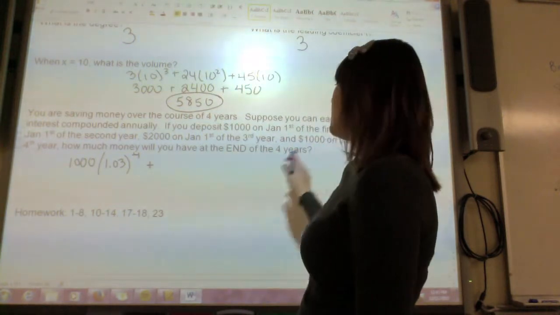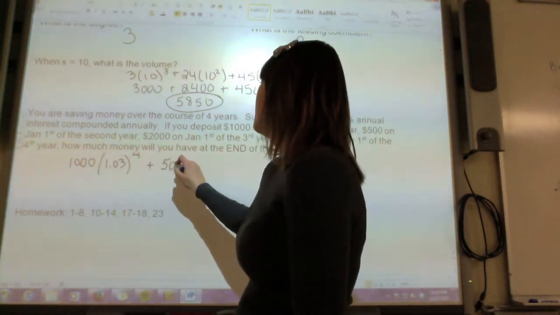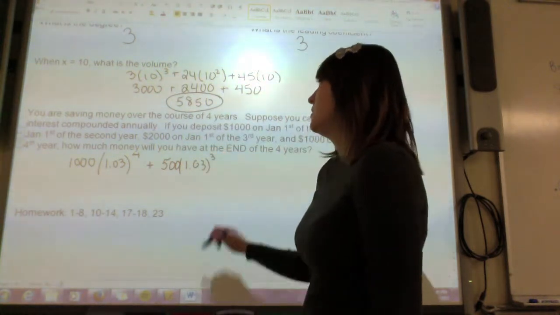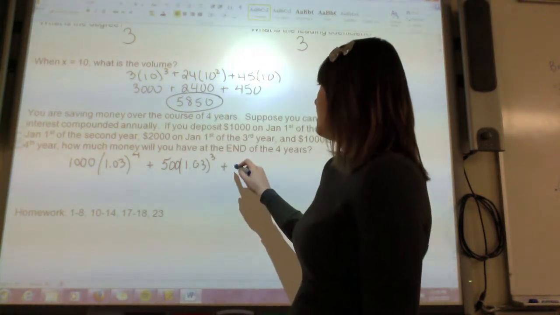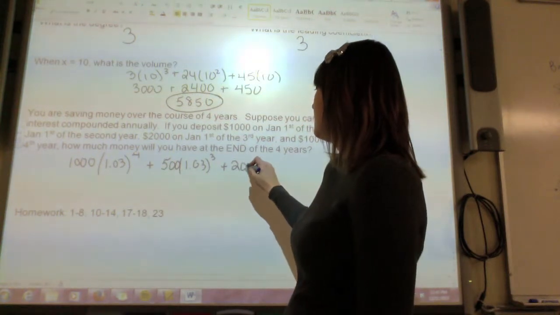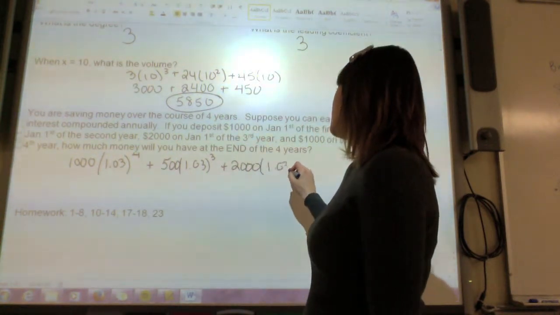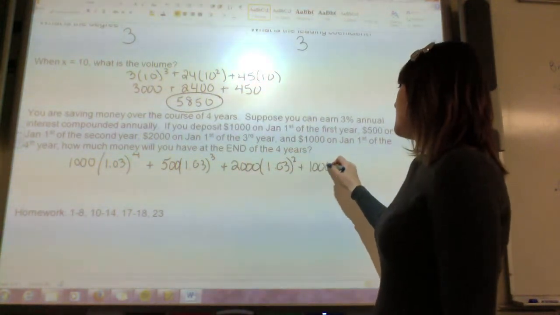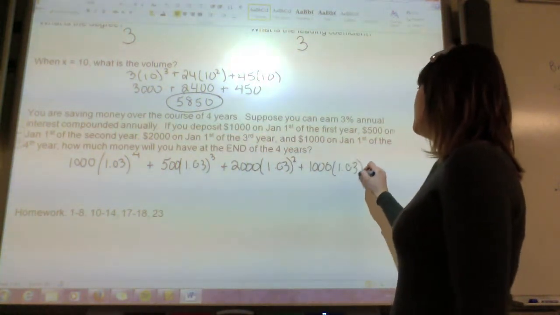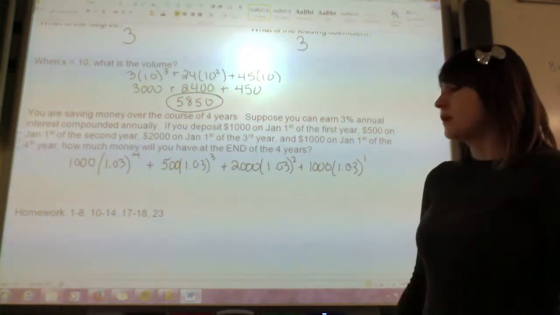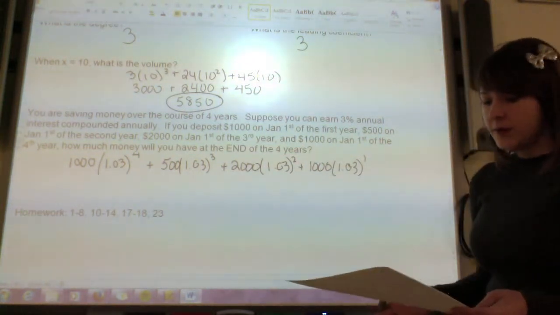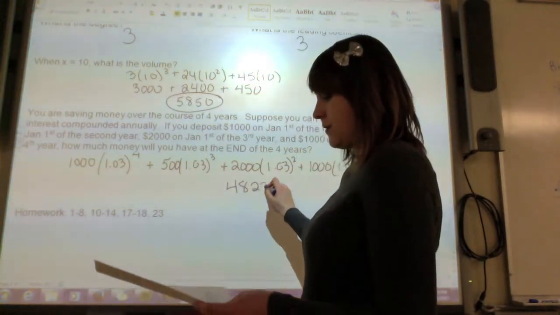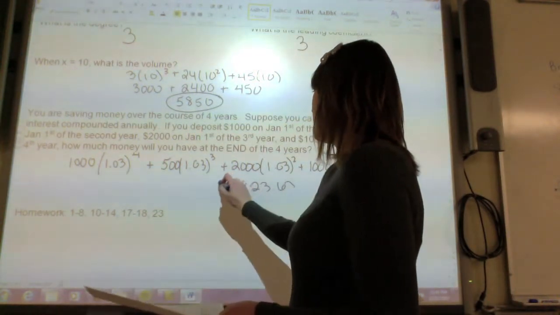Okay, then for my $500, well, that has the same interest rate, but that one's only going to be in there for 3 years. For my $2,000, that also has the same interest rate, but that's only in there for 2 years. And finally, for my last $1,000, that's only in there for 1 year. So when I go through and work all this out, I end up with $4,823.67.